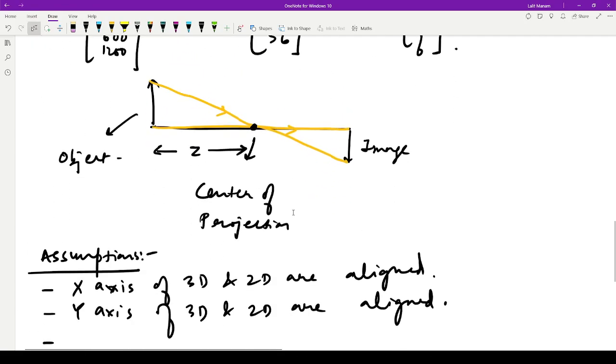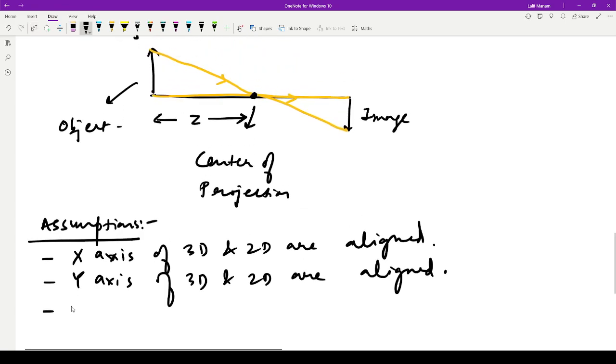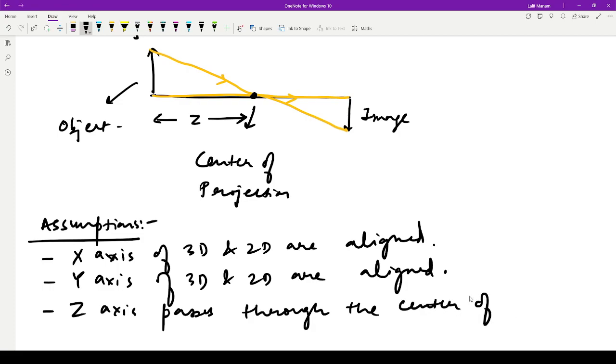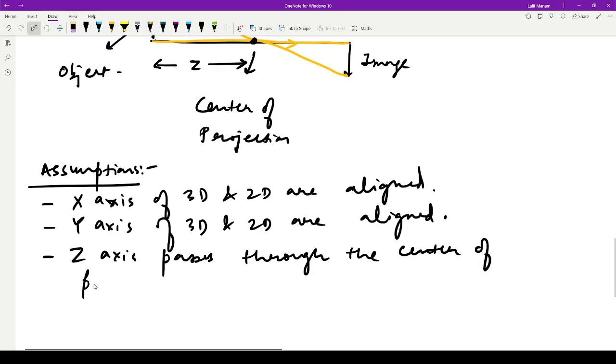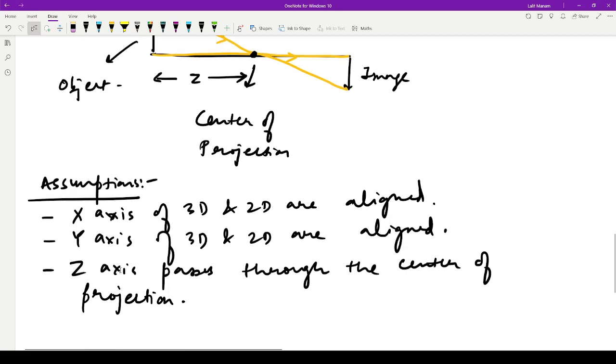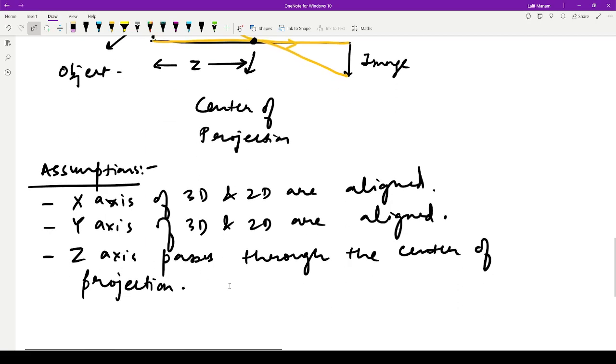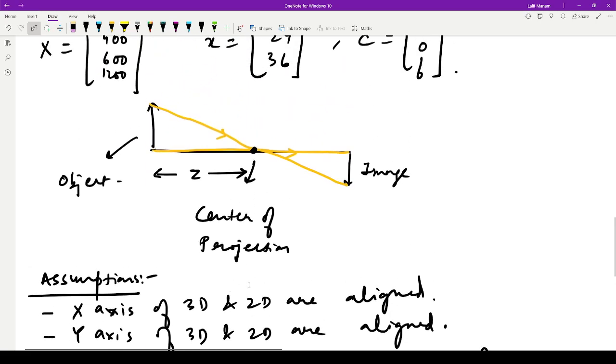And the third one is the z-axis passes through the center of projection. So once we have this assumption set out there, we can now solve this problem. Yes, these assumptions were mentioned in the lecture briefly, if I remember correctly.